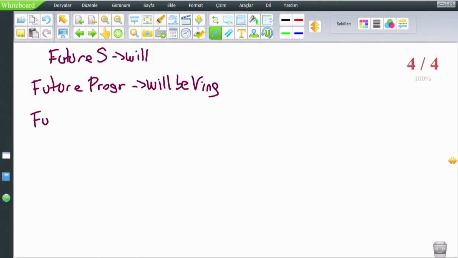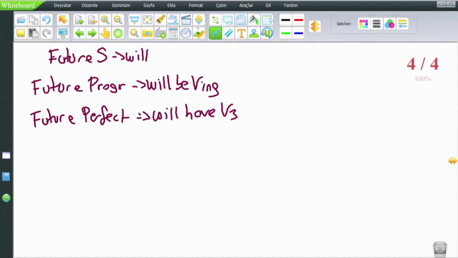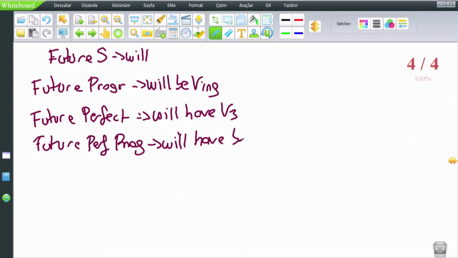And then we have future perfect, will have, verb 3. And we have future perfect progressive, which is will have, been, verb ing.